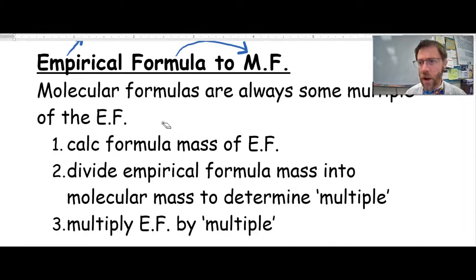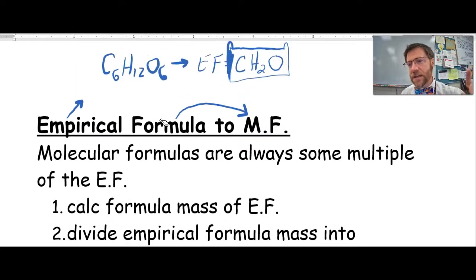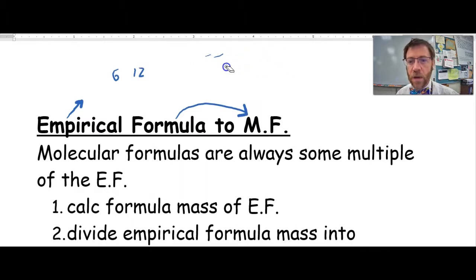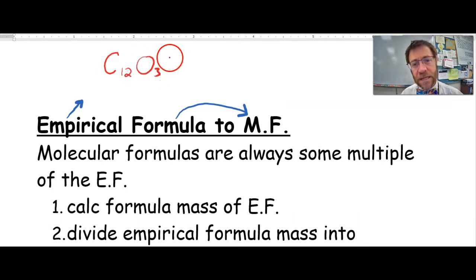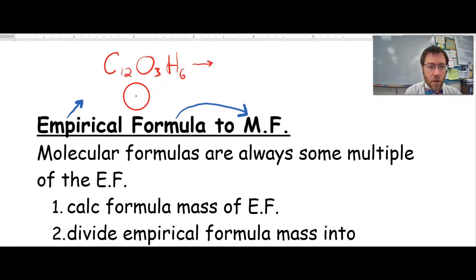So here's the process. Well, actually, before we go into the process, maybe we'll do one or two more of these things, because I want to make something very, very obvious and clear. So let's do another one. C12O3H. Well, that's a weird H. I don't know. Let's do 6. So the empirical formula, right? We're going to divide, what's the lowest thing?